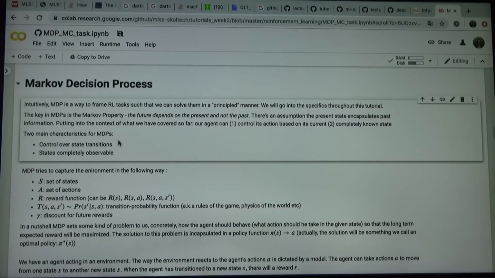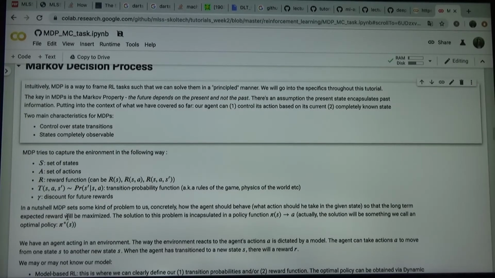These terms are the set of states, the set of actions, the reward function, the transition probability function, and, well, yeah, the discount for future rewards. It's not exactly a term, but it's a parameter, but never mind. So if an MDP doesn't have any of those, it's not an MDP.